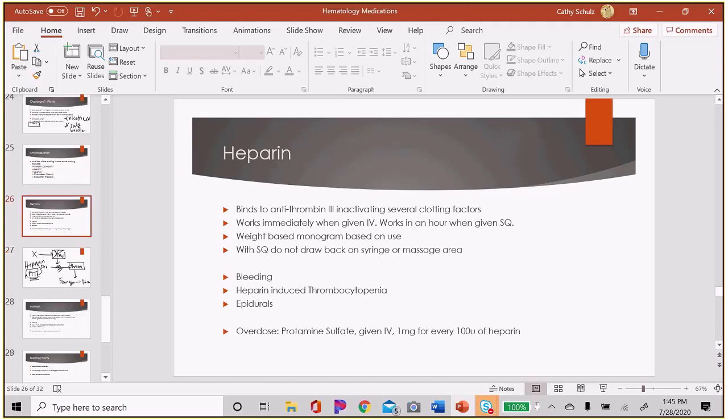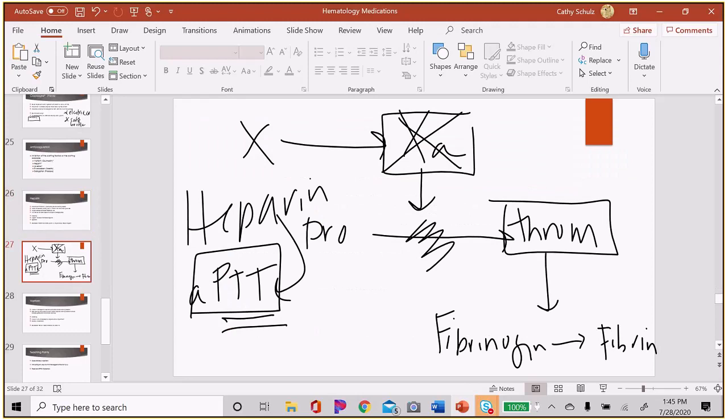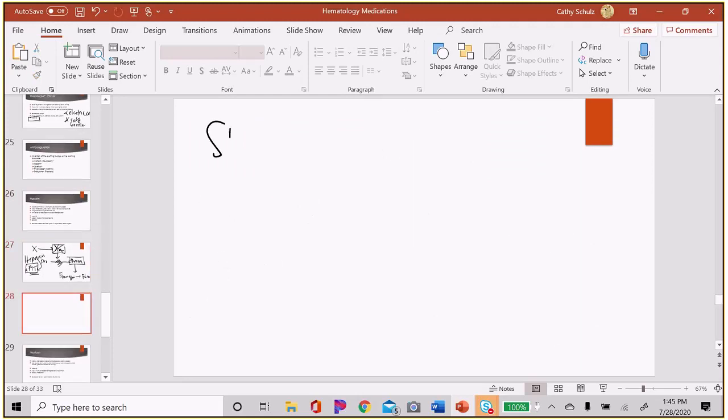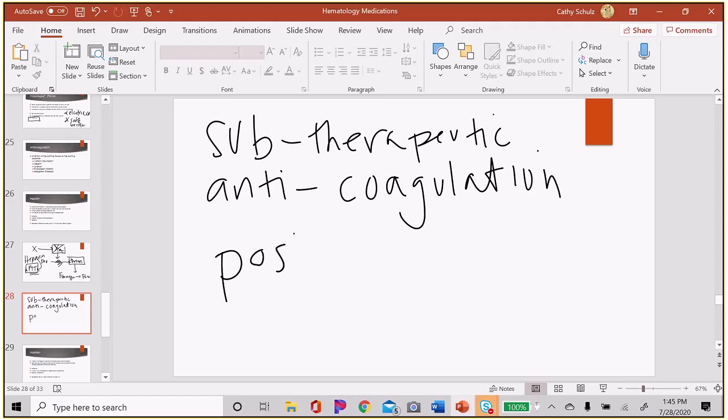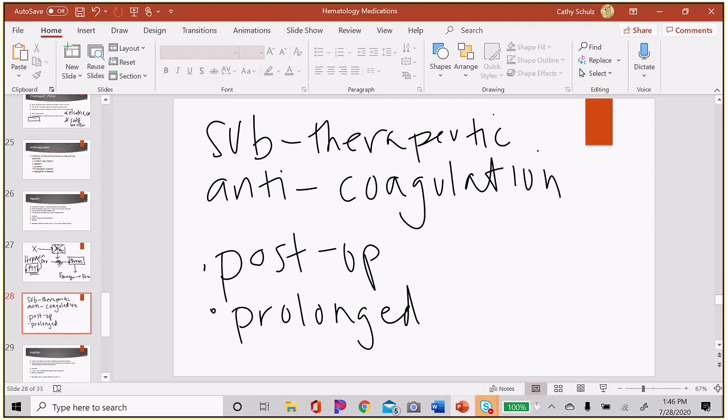And those people are getting what's called, and this is where it gets a little complicated, subtherapeutic anticoagulation. So we're not trying, this is the post-op patient or the patient who's going to be in the hospital a really long time, because having surgery or being immobile in the hospital for a long time increases your risk for clots.